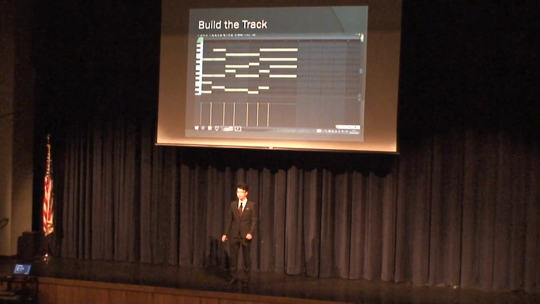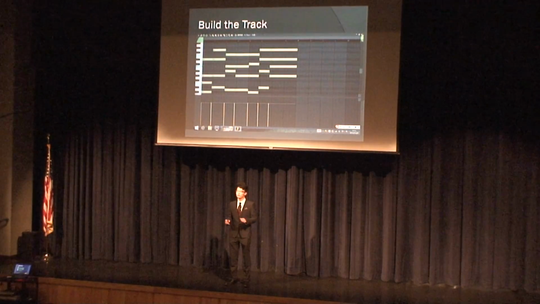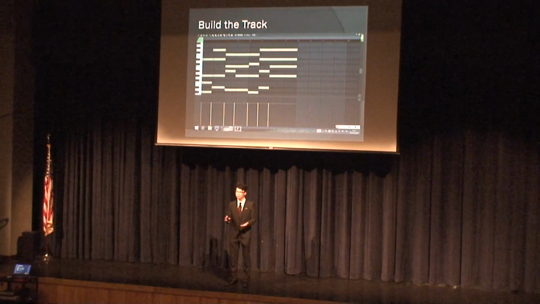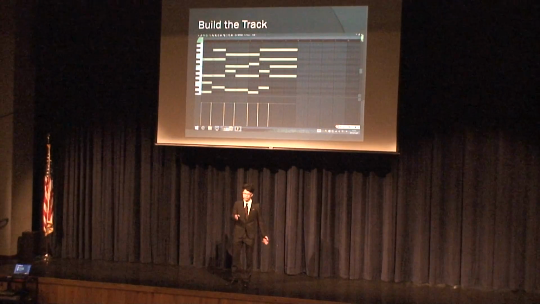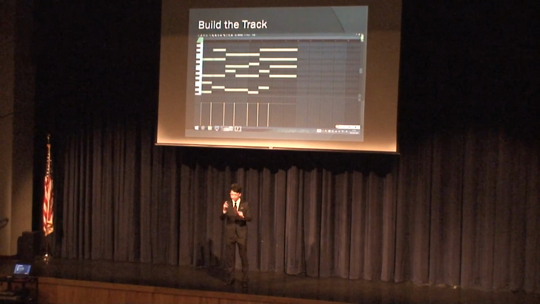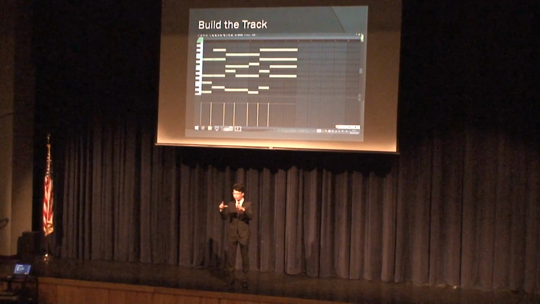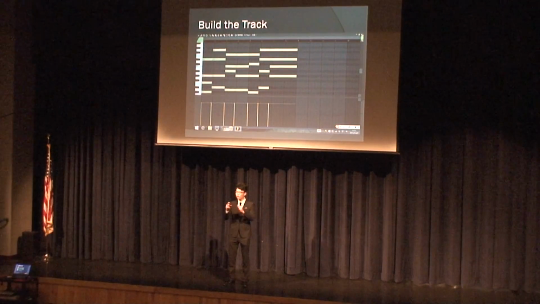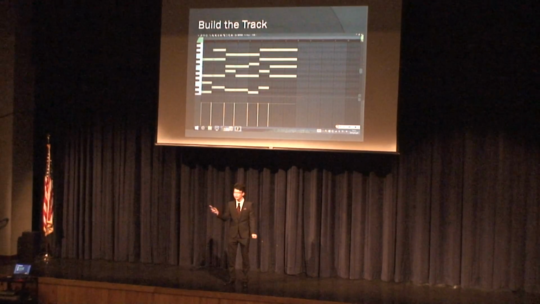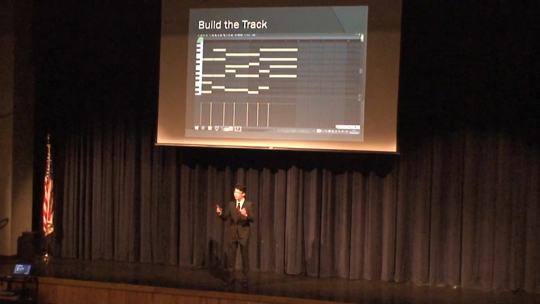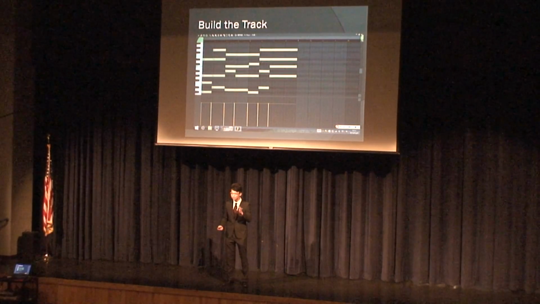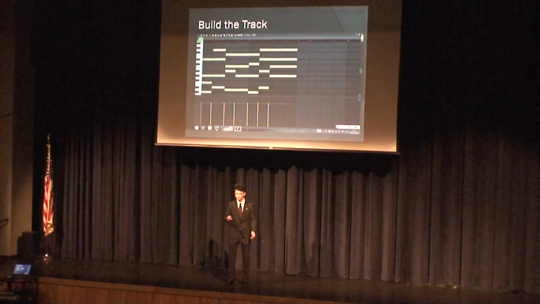For building the track, what I like to do is start from the chord progressions. This is what is called a piano roll window. As you can see from the left-hand side, you can see the piano scales, and in the middle part there are a lot of bars. I can drag the bar left and right to make the sound longer and shorter, and just build the chords with this piano roll.